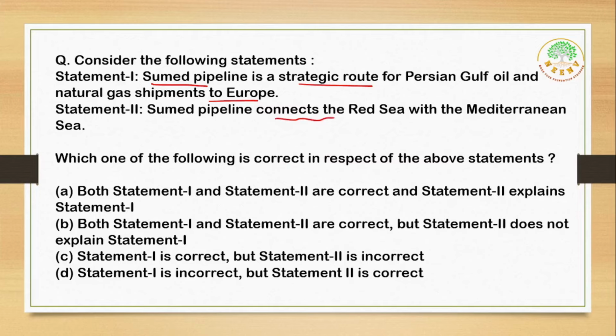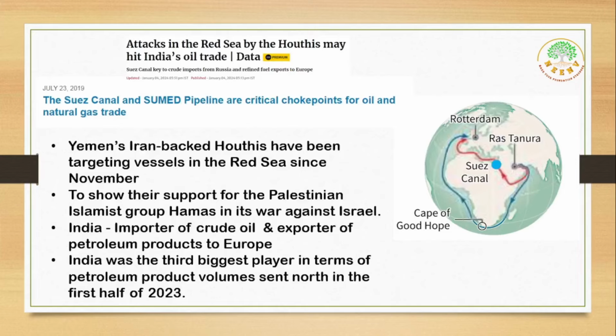And the inspiration for this question, according to me, is the Yemenis and the Houthis, which are backed by the Yemenis, have been targeting vessels in the Red Sea since last November. You would have seen the various news articles about how the Houthis are attacking various oil tankers in the Red Sea.